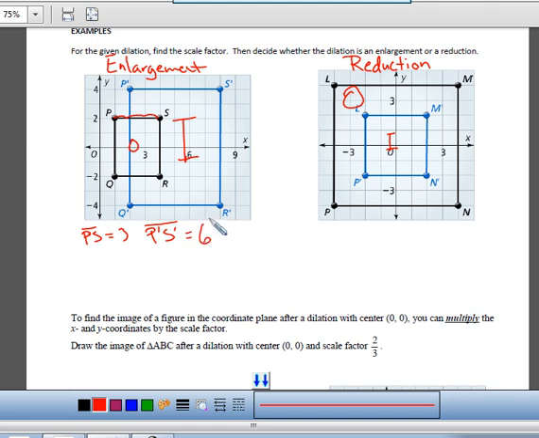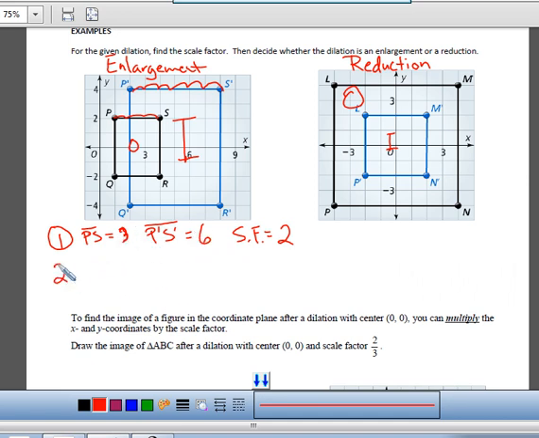So then that means the scale factor, to go from 3 to 6, is 2. So this is one way of finding it: if you've got a side that's measurable, measure it. And remember, we're always talking about multiplying when we do scale factor. So to go from 3 to 6, you're not adding 3, you're multiplying by 2.